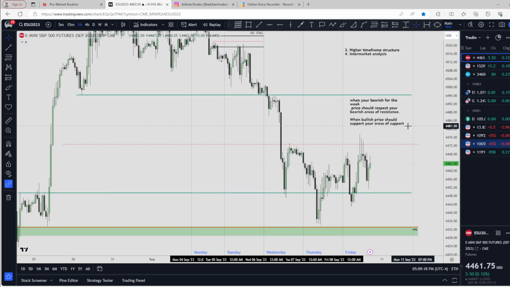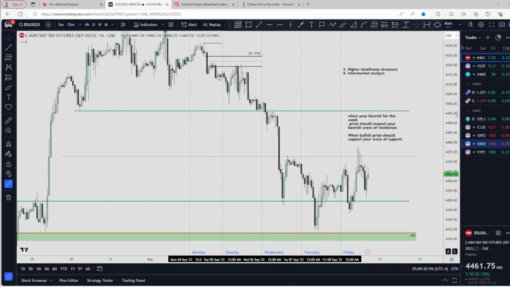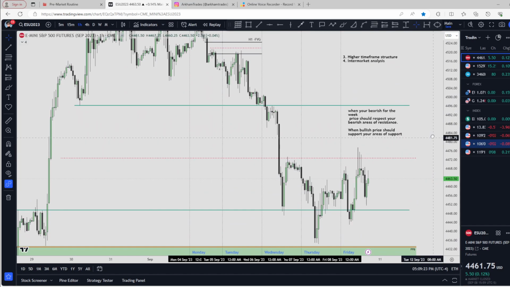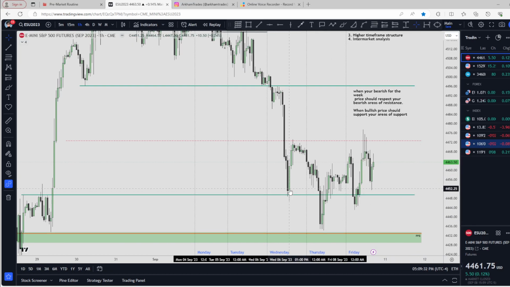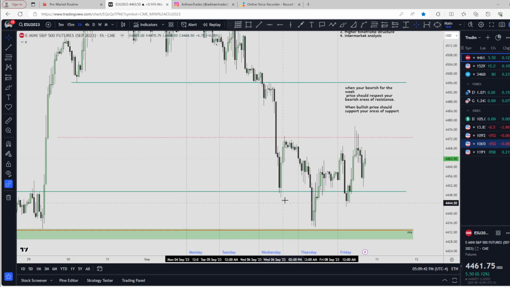But this is where the weekly profiling and the daily profiling come in handy, because let's say we met our draw on liquidity here, I now know to be bullish because it's a Thursday reversal, compared to the guy who saw the draw on liquidity right here, tried to go long, and then lost. Because this isn't a Thursday reversal, this is Wednesday.